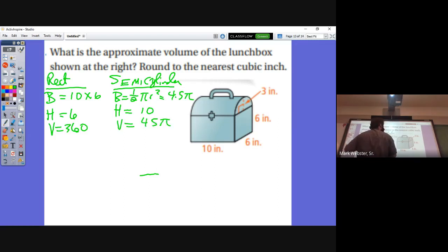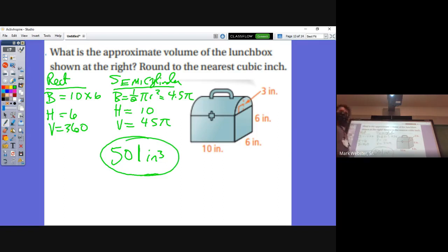And then they're going to ask you to figure out what that is to the nearest inch, so you can just do 360 plus 45 pi in the calculator, and you should get 501. When we round it to the nearest cubic inch, we get 501 inches cubed.